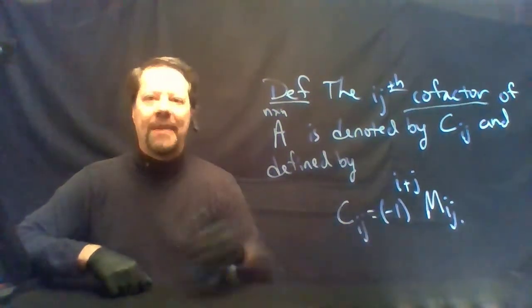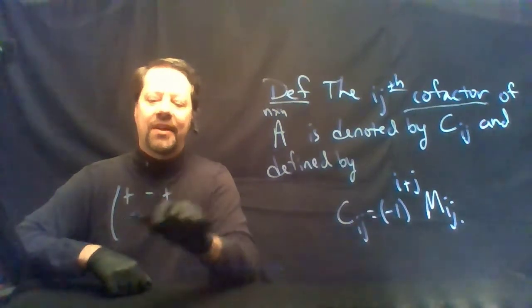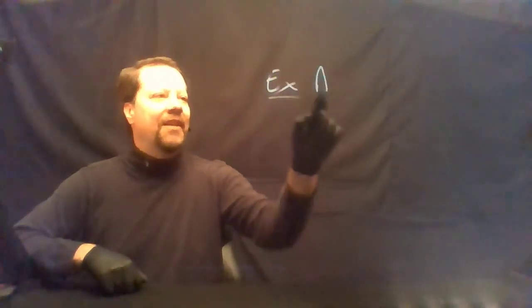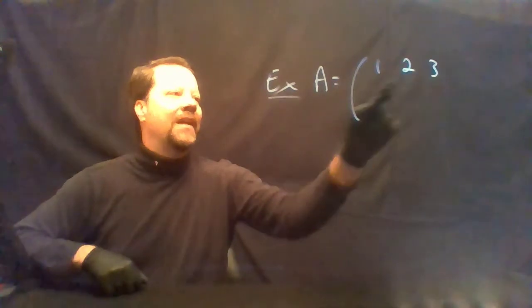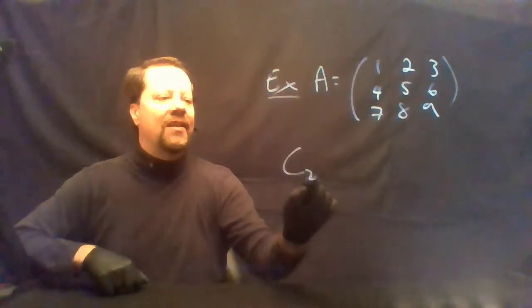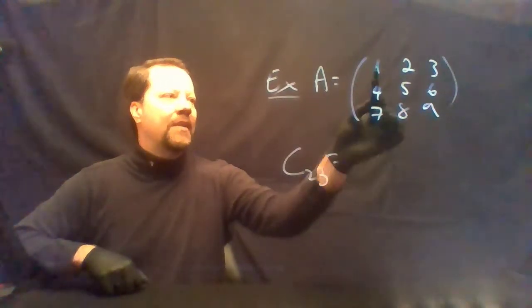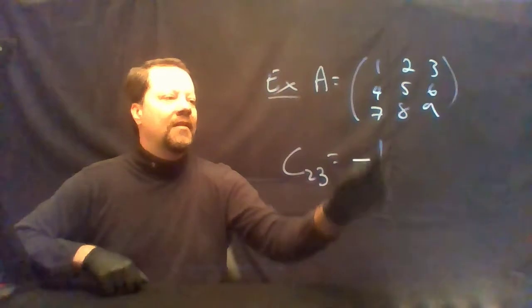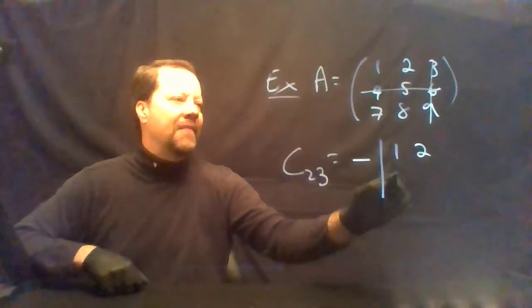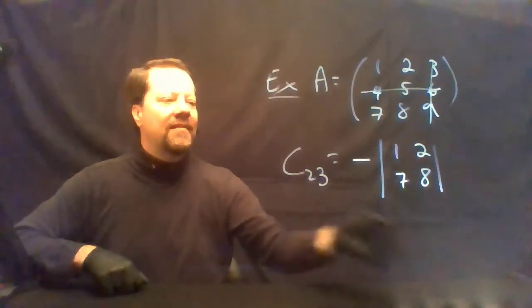This negative 1 to the power i plus j gives you the sign structure. So for example, if A is [1, 2, 3; 4, 5, 6; 7, 8, 9], then C2,3 will be plus minus, minus the determinant that you get by crossing out row and column 2 and 3. We can now define the determinant of an n by n matrix.